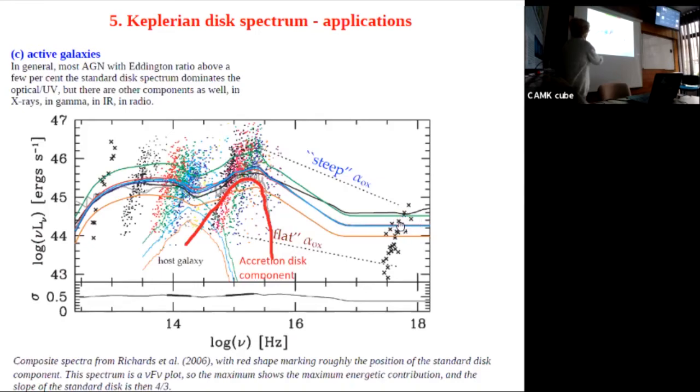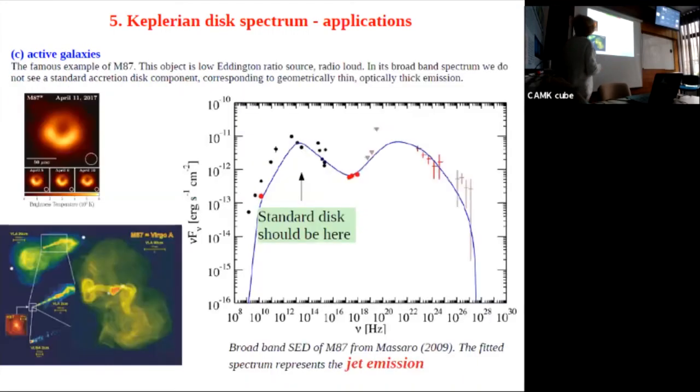But you see, X-rays are not that faint, and of course there is a lot of infrared emission. So this component does not always dominate, but still in those spectra it more or less dominates. So it contains 70% of the luminosity. So the standard disk works for most quasars to some extent.